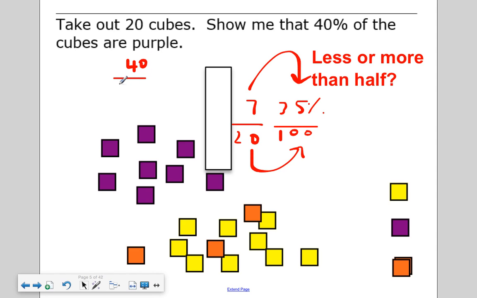How would I write 40% as a fraction? 40 out of 100. Can I simplify 40 hundredths? Yes, I can divide both numbers by 5 and get 8 over 20. Oh, it is 8 purples out of 20, and that is less than half, or 40%.